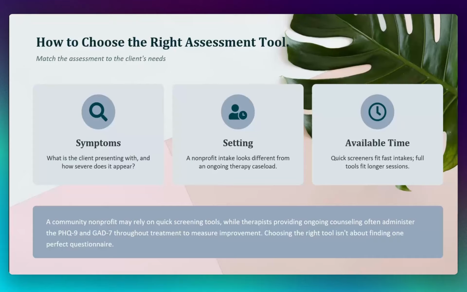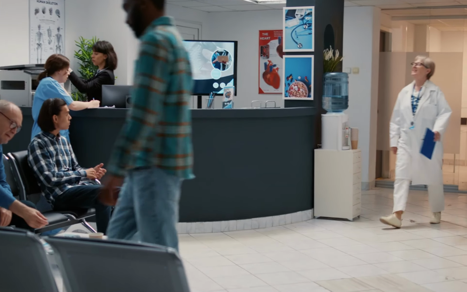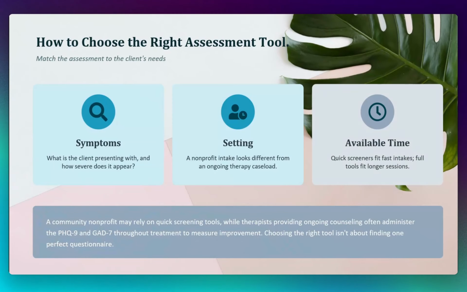Here's some things to consider when selecting the right anxiety and depression assessment. The client's symptoms and how severe they are. The setting. Are you connecting with multiple people per day that may or may not have mental health concerns? Or are you in an ongoing therapy or case management relationship? And available time. Quick screeners for time-sensitive, high-volume intakes with longer tools fitting longer sessions.